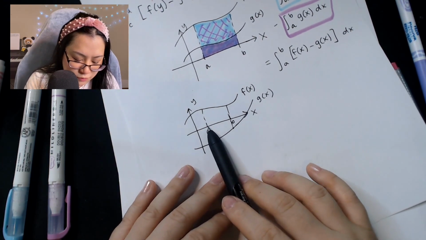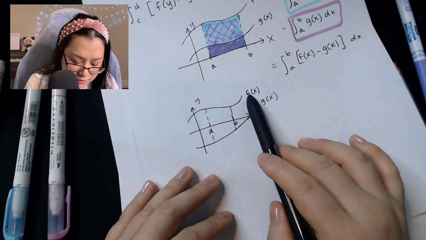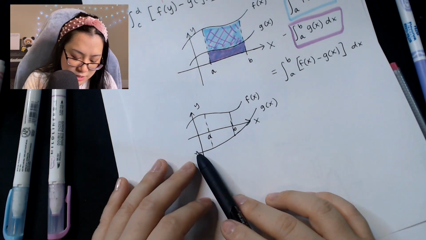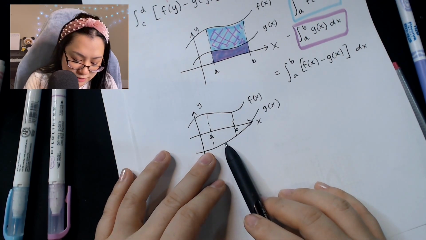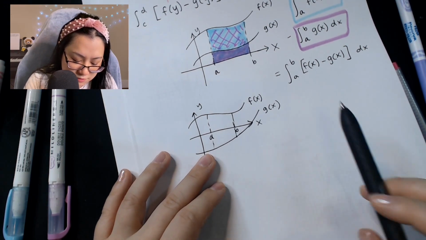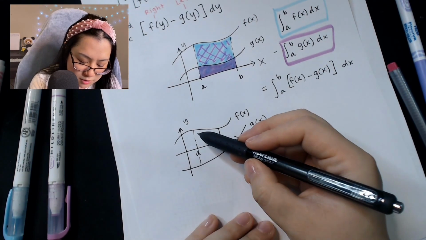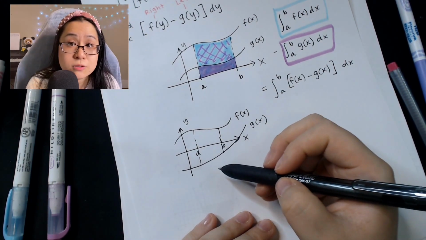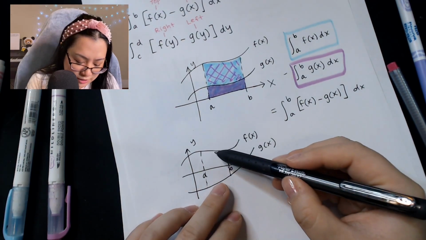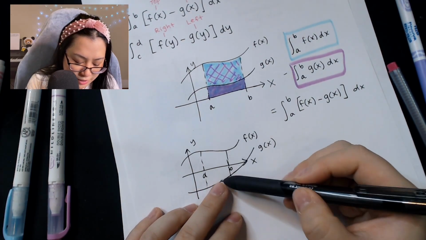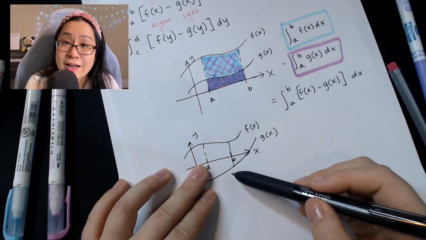So you can see over this particular interval from a to b, we have f of x, which is positive, and g of x, which is negative here, right? So the y values are negative for g of x. So what happens here? Well, if we want the total area between f and g, you can see that we actually have like a larger area, right? We're basically taking this part and we want to add this.